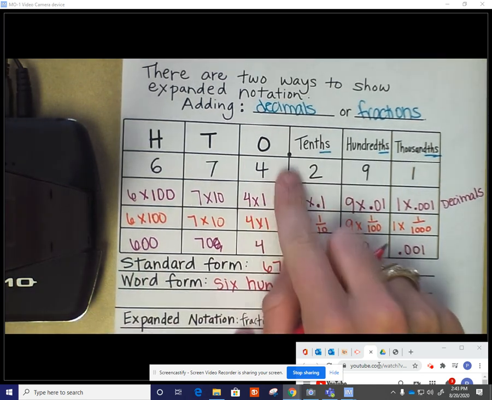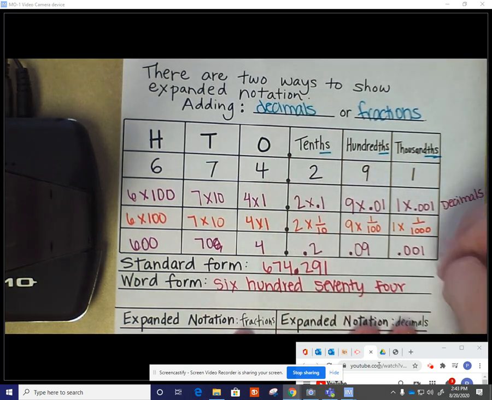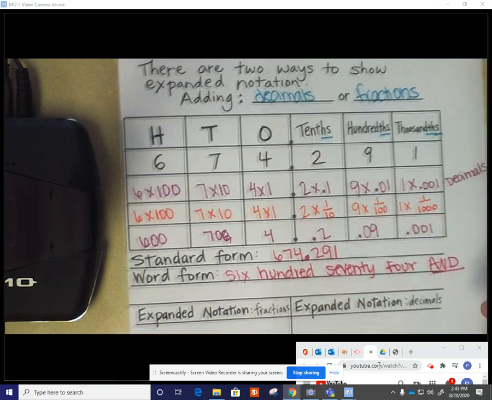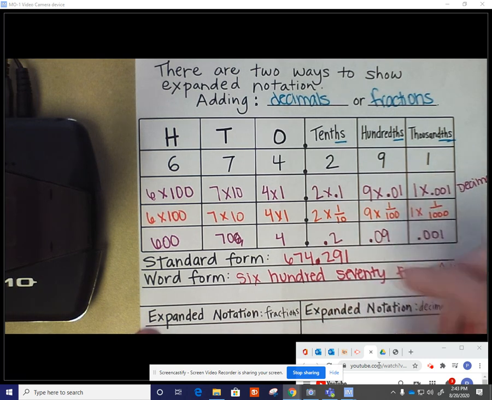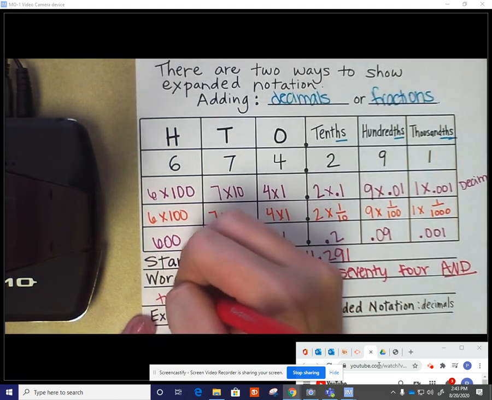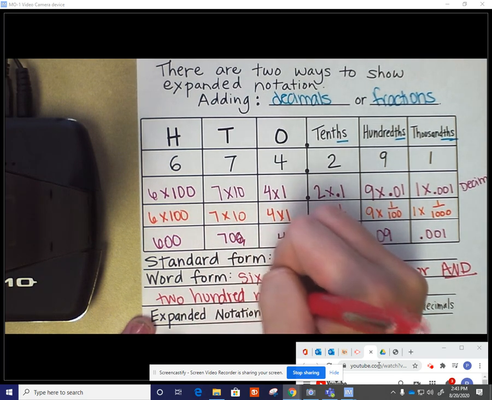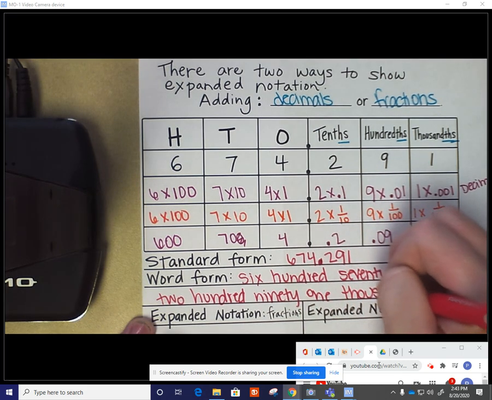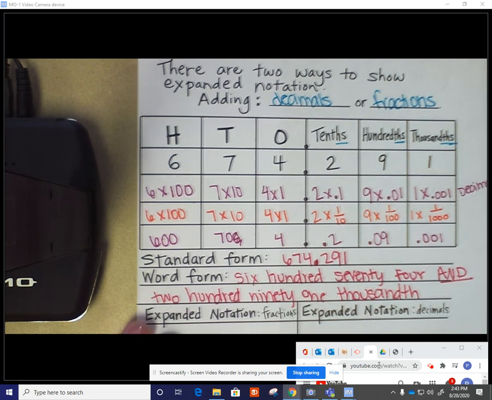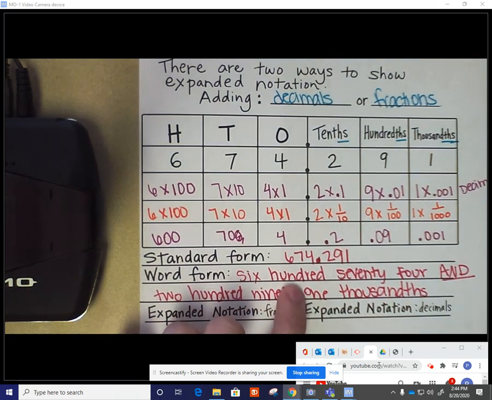And then what do we put when it's time for us to go into our decimal parts? Okay, when there's a decimal, we put and. 674, and then we have 291 thousandths.